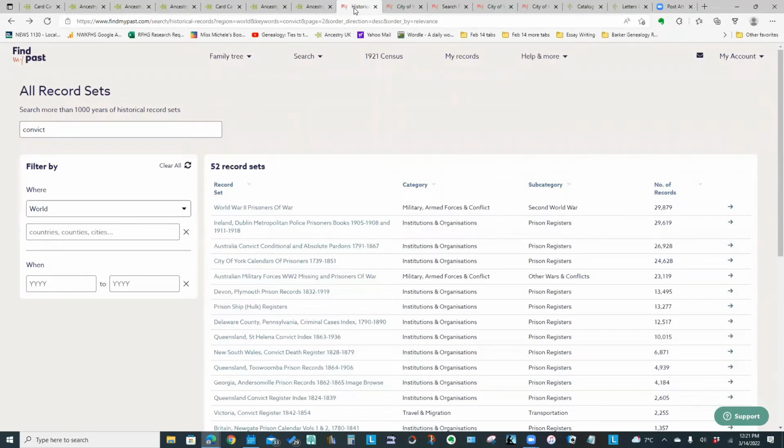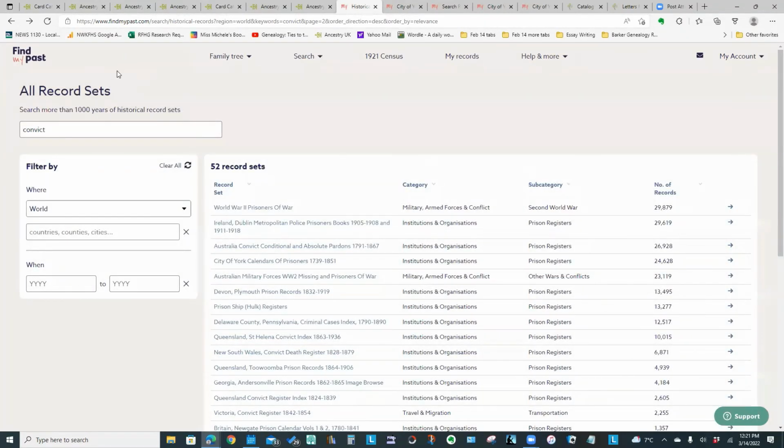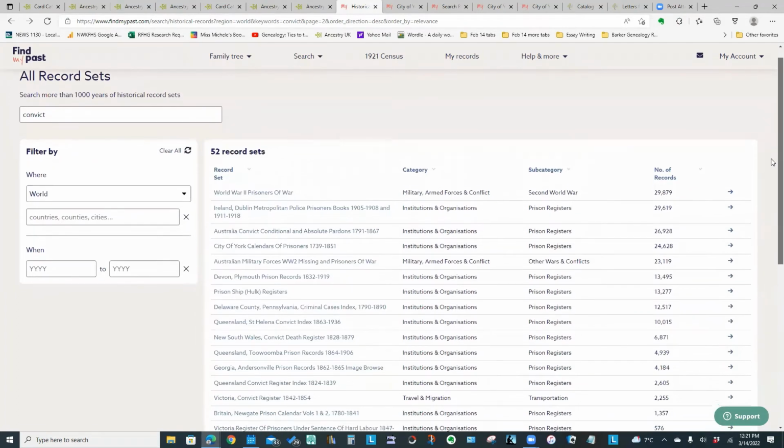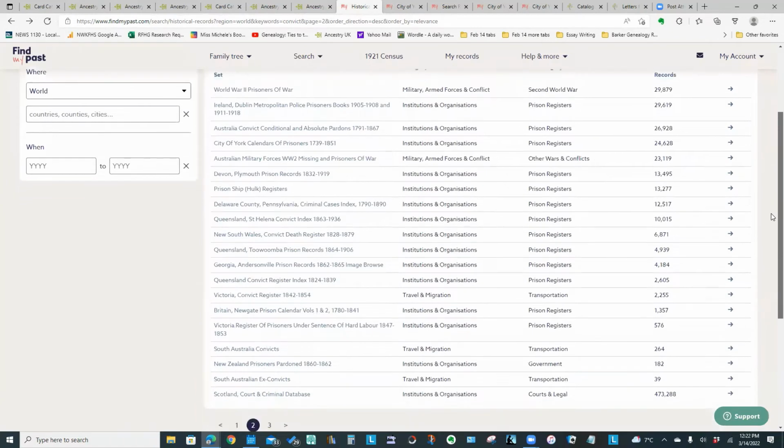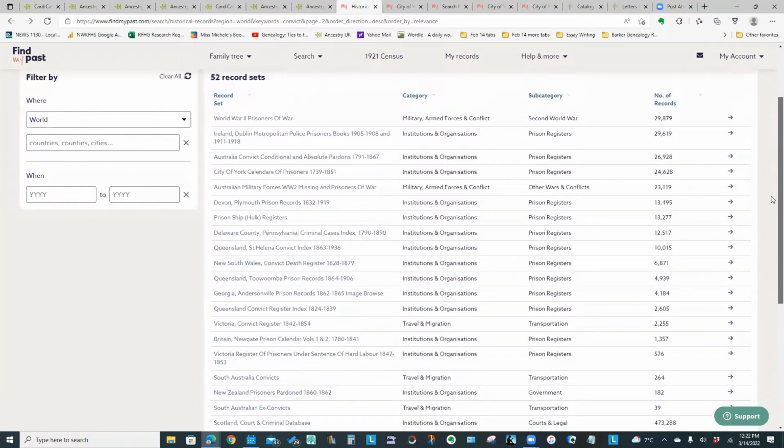You can do similar searches on Find My Past. So just like with Ancestry, you can search all record sets and you will get a search screen that looks like this. I typed in the word convict and you can see all of the different records that showed up.